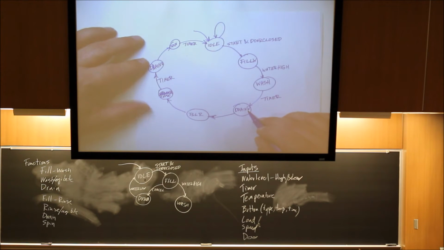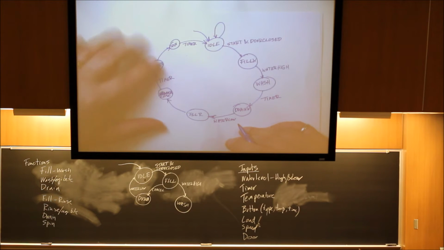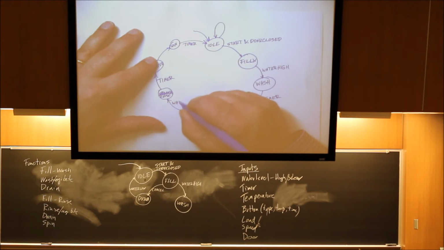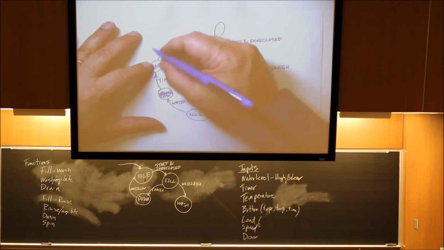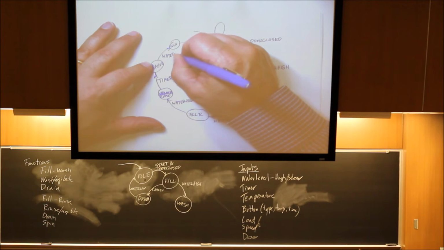Going from drain to fill rinse, what would that be? Water low? Going from fill to rinse, it would be water high. And drain to spin would be water low.